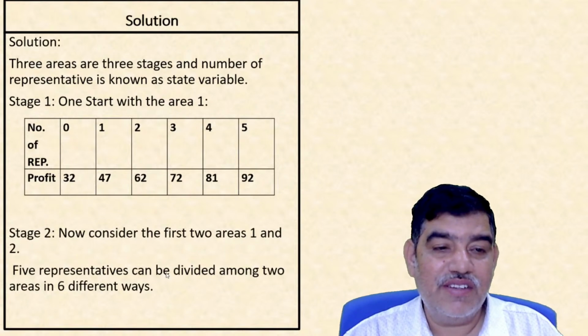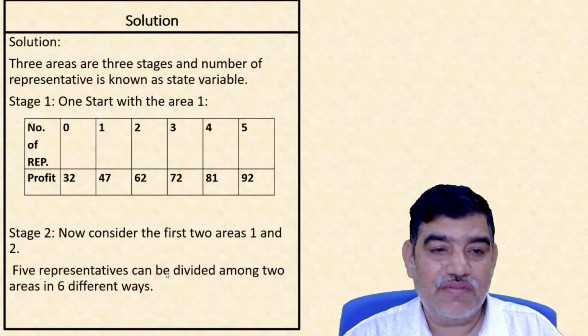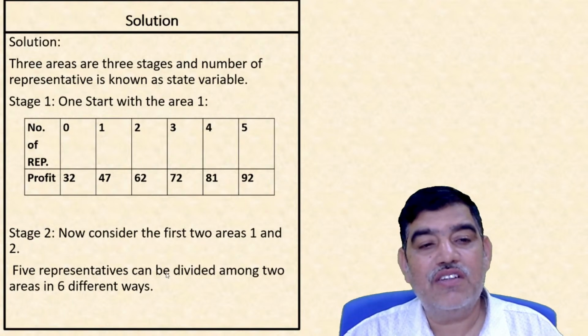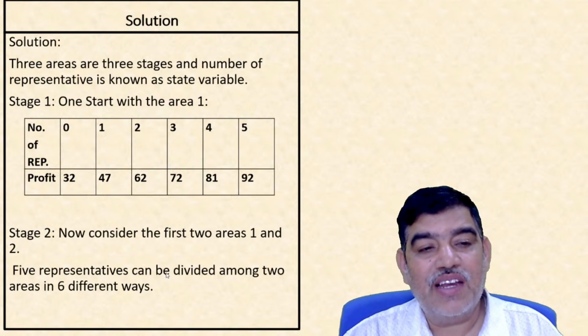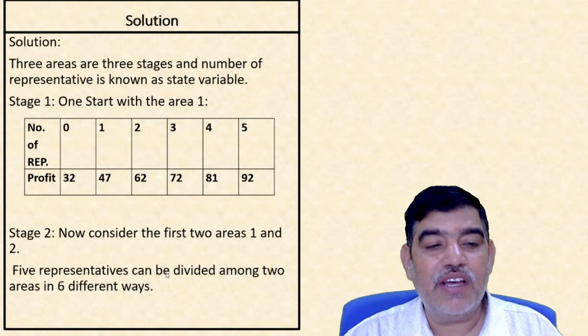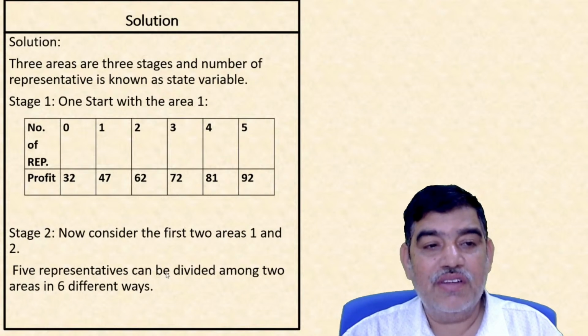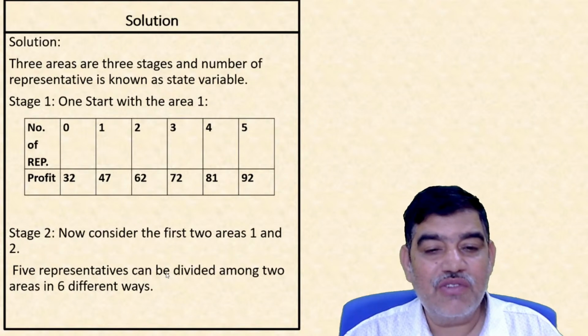What are the profits? That is 32, 47, 62, 72, 81, 92. The first area is my first stage, and I have mentioned the number of representatives working in that particular area and what the profits are in the table. After stage 1, we move to stage 2. What happens in stage 2?